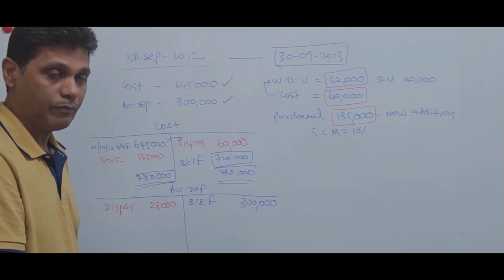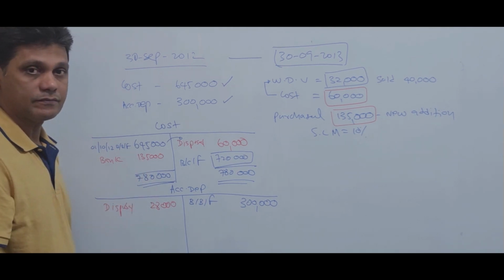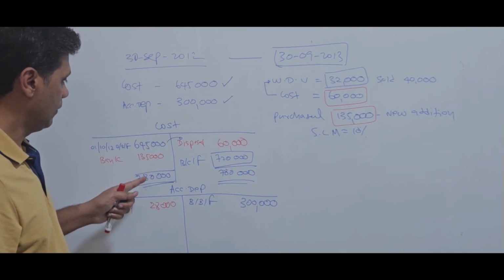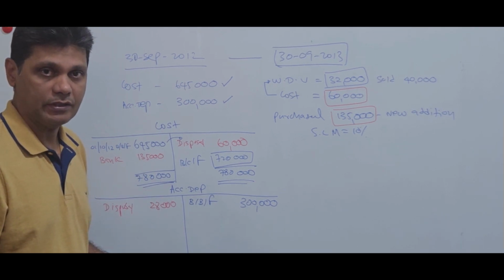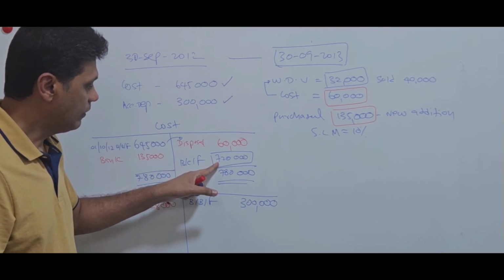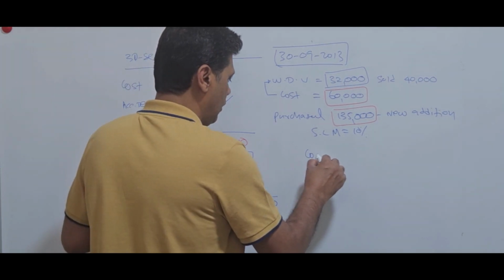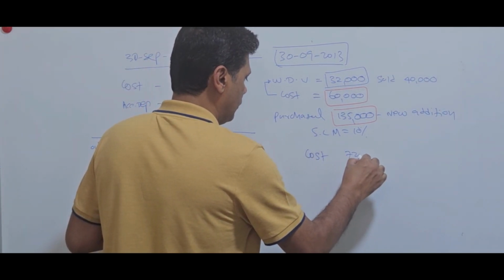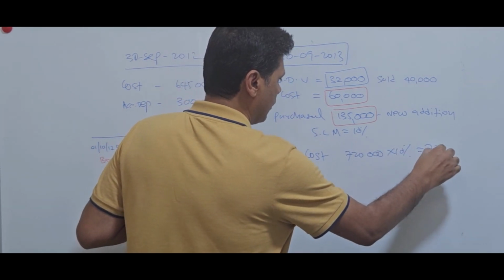What is the depreciation policy? In the year of purchase you need to provide full depreciation. So on this amount we can straight away calculate the depreciation. The total cost 720,000 times 10% will be 72,000.